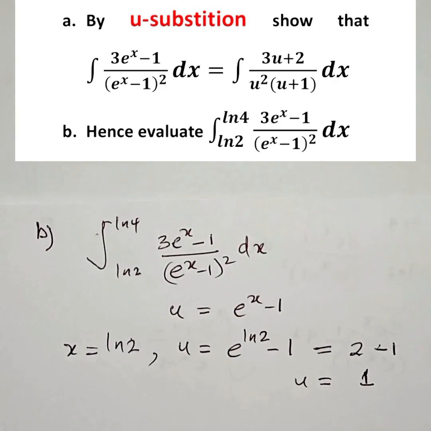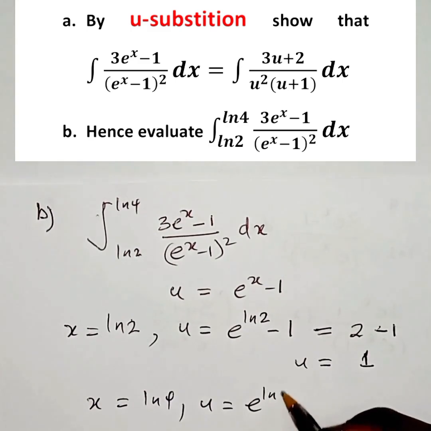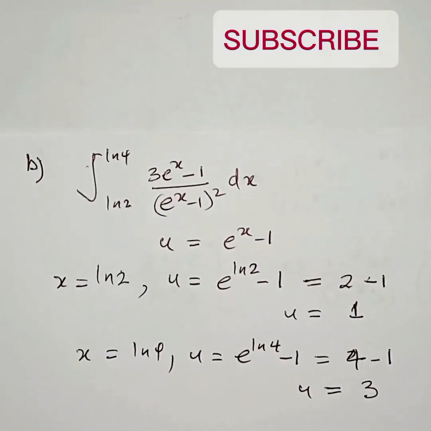Now when x is equal to ln 4, u is equal to e to the power ln 4 minus 1. And that's going to give us 4 minus 1, and u is equal to 3. Okay, so we are going to change these limits.